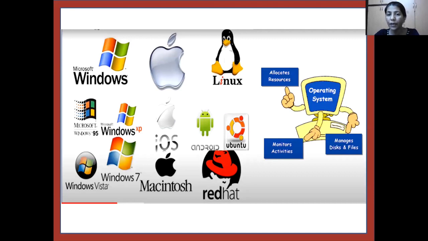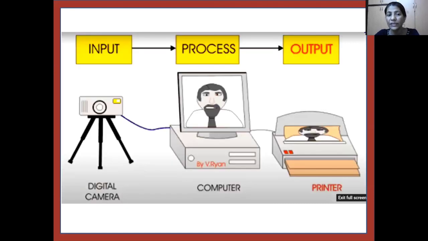And the main important task of system software is it takes input from the user, then it sends this input to the processing device, that is CPU. It gets processed and then it gives us output.